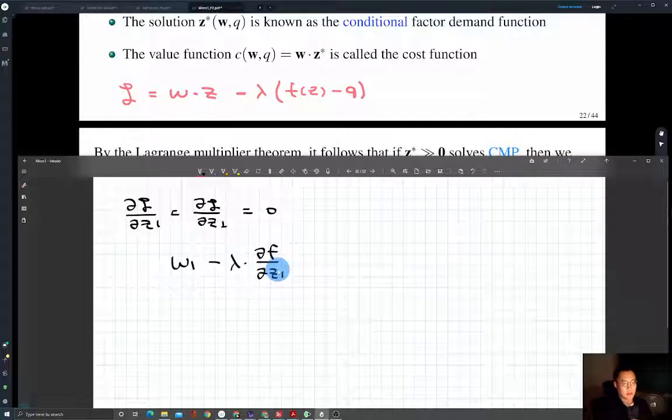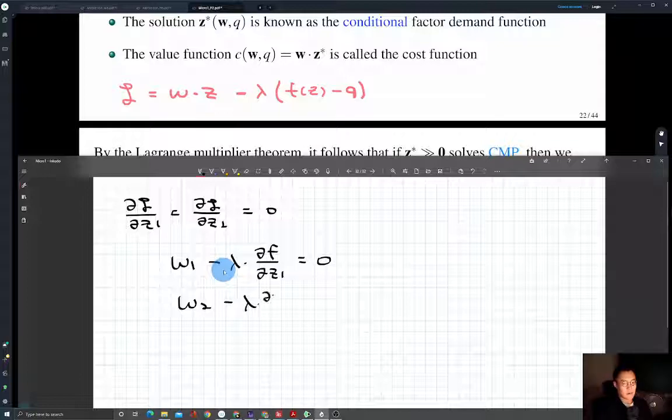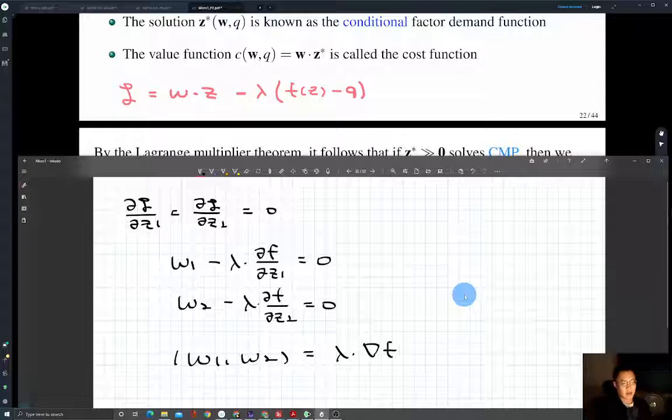We put this equal to 0, and the second condition tells me w2 minus lambda times the marginal product of input 2 should be equal to 0. We can express this condition in matrix form: (w1, w2) should be equal to lambda times the gradient of function f at the solution z star.